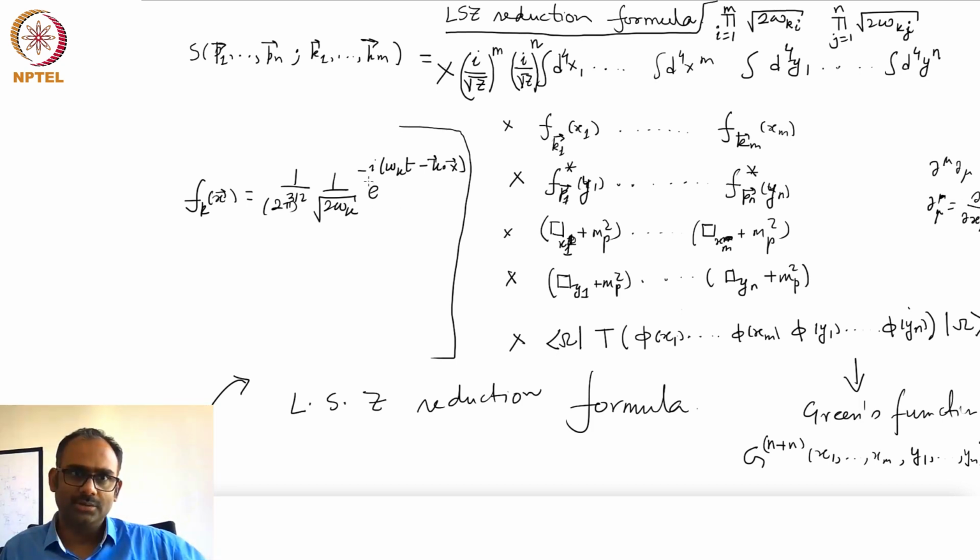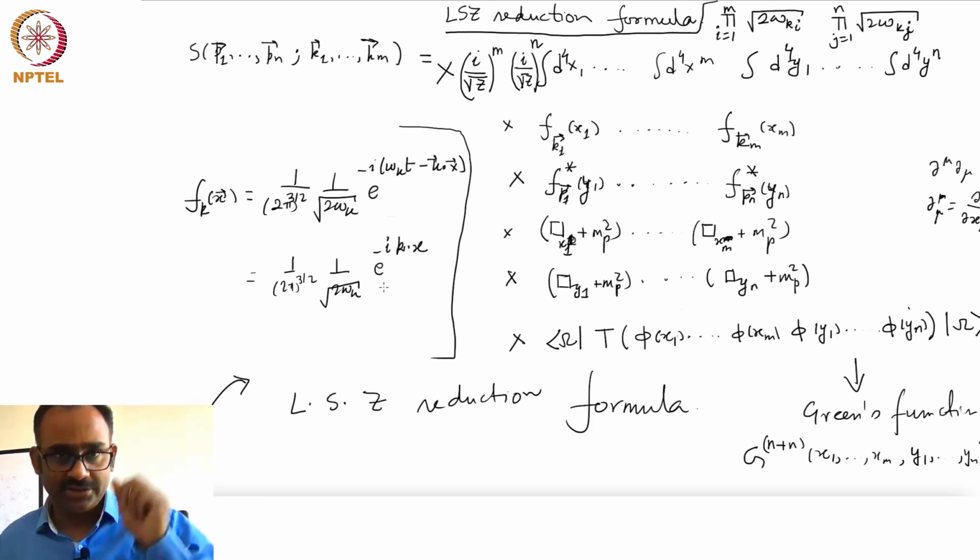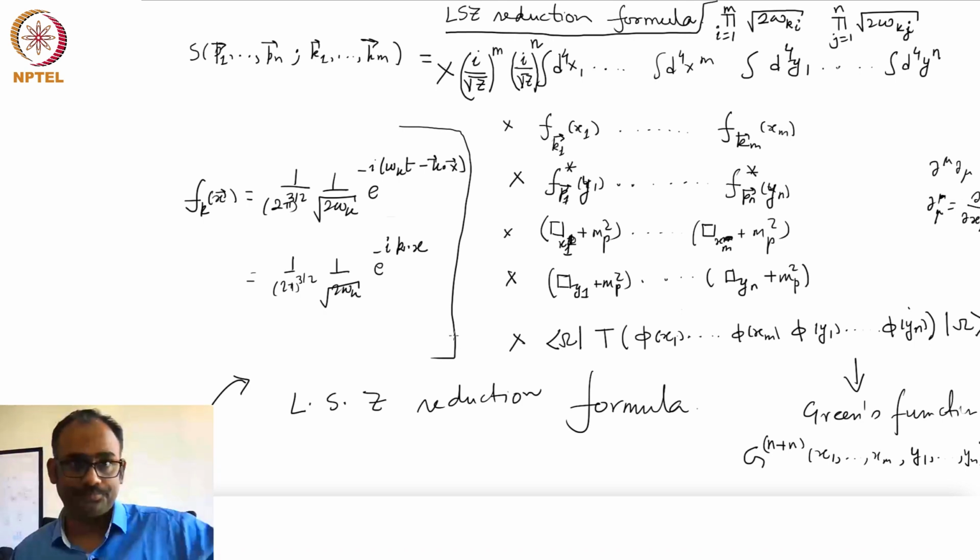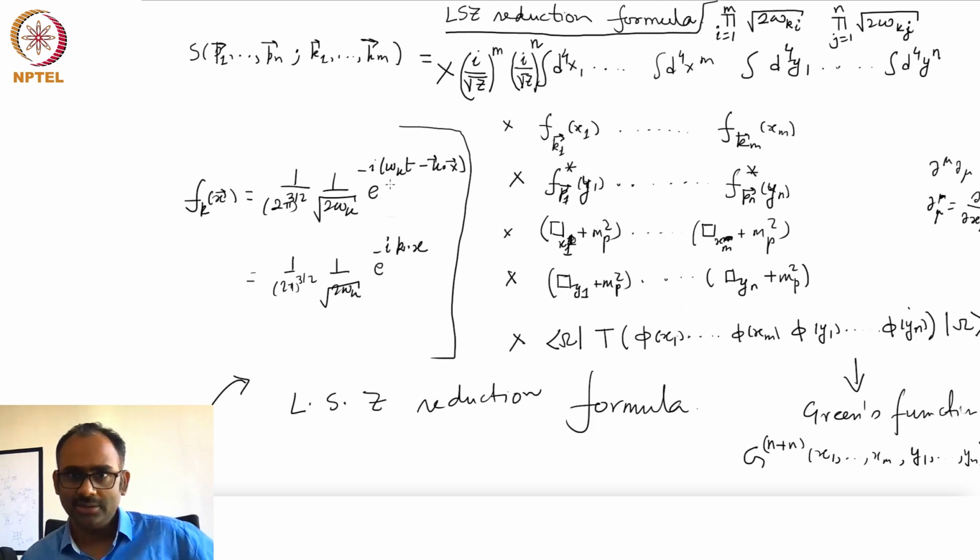You can write this as minus i k dot x, which is k mu x mu, and the 0th component is omega k, that is the energy. So, as far as x dependence is concerned in f k, that is simple, that is an exponential.